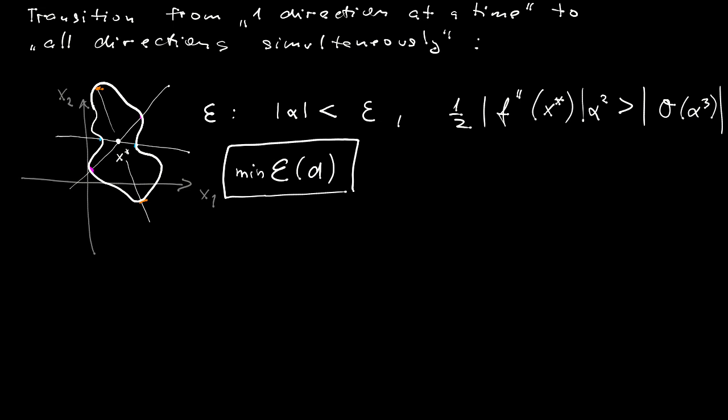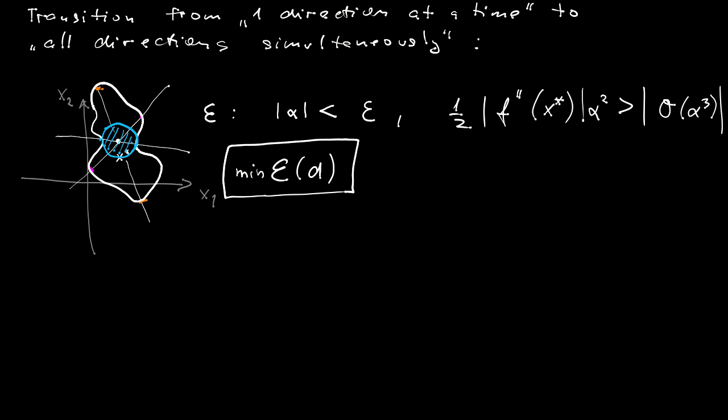If the answer is yes, this would mean geometrically that we could draw a circle inside this closed curve here, and this would mean that along all directions we could make the argument that we did for just one direction at a time.